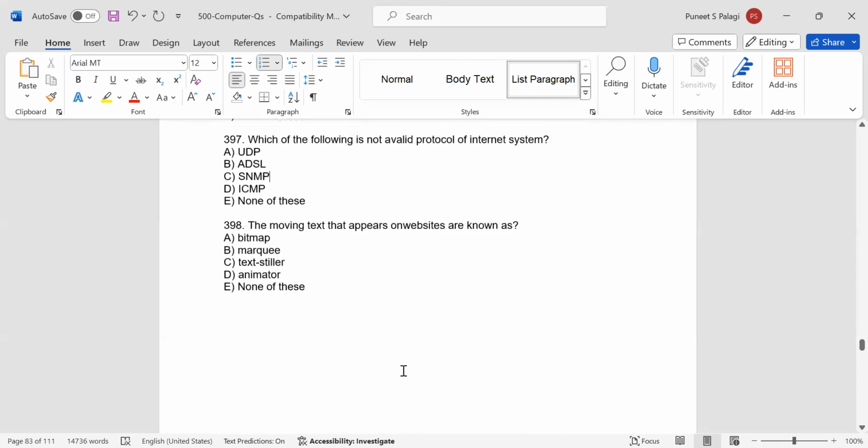Which of the following is not a valid protocol of Internet system? UDP, ADSL, SNMP, ICMP. It is ADSL.